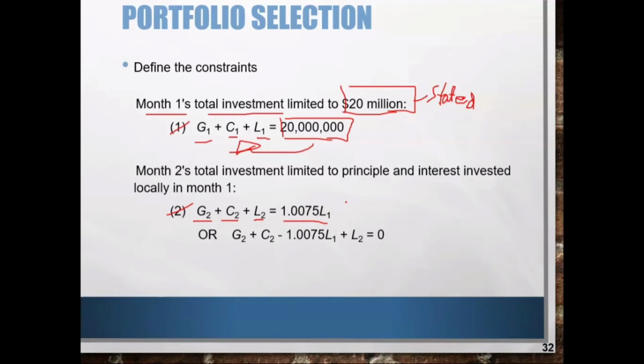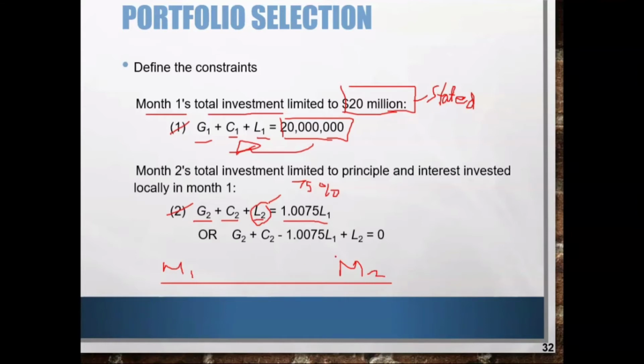Why not 20 million? Since this is month 2, the local investment earns 0.75% per month, so this is month 1 and this is month 2.